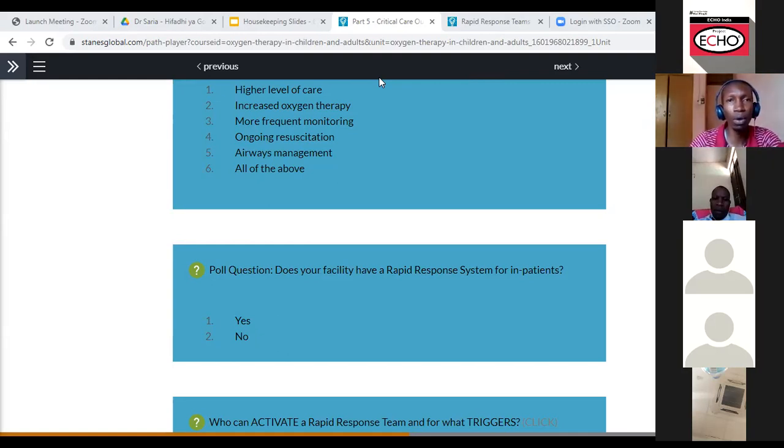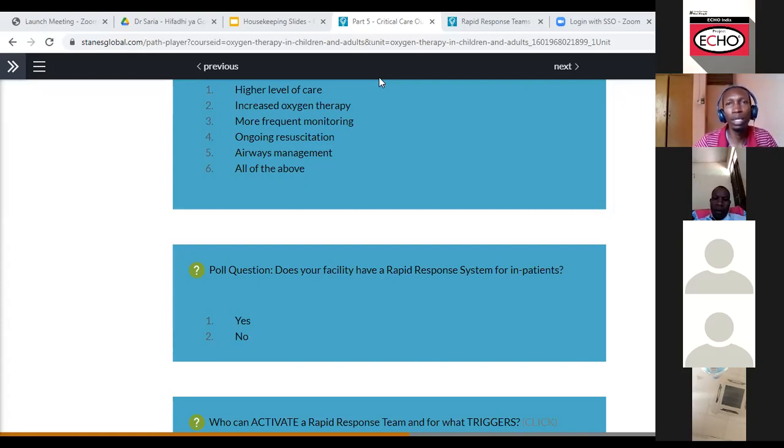Now, if it's a no, we would highly encourage that this team should be formed. Nurse-led could be cheap, faster, and easier. So a nurse-led rapid response team should be entertained more, because we have three shifts and at any time there is a nurse somewhere in our ward.